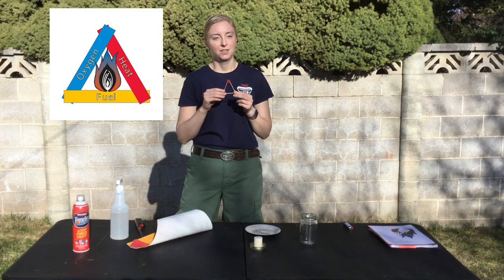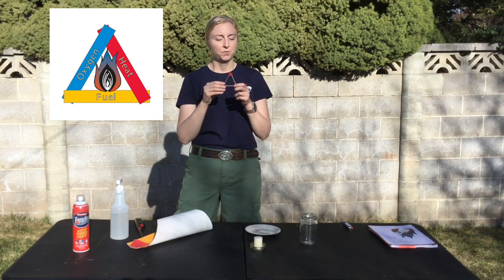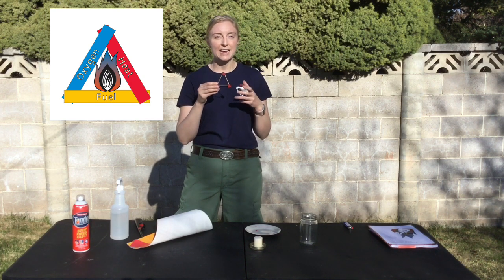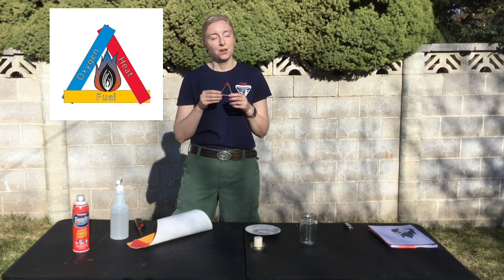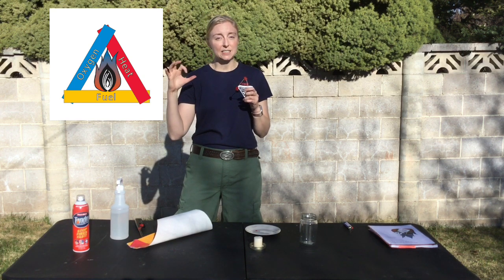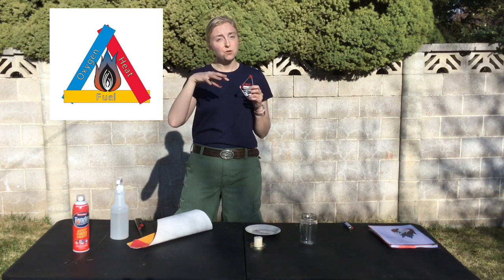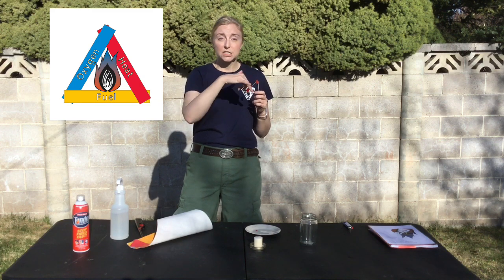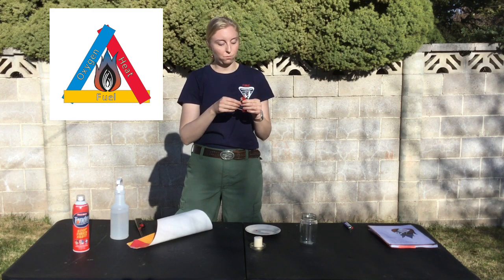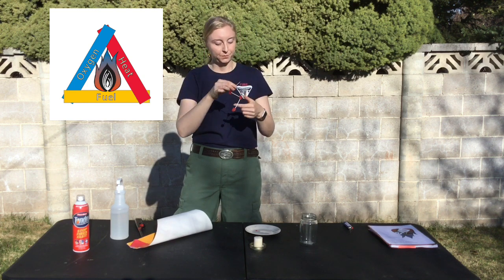Or we can mow or bring things down to dirt level with dozers and such. And that's what we're doing also on hand crews, is we're digging down to that mineral soil, because fire needs things to eat. And so when it runs out of fuel, the food it eats, like grass and timber, then it'll stop. So we got rid of one side, so now our triangle is broken.